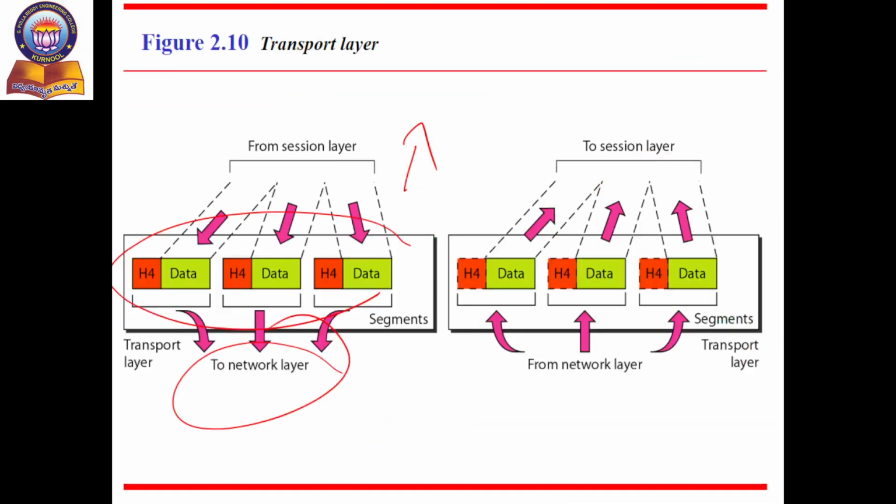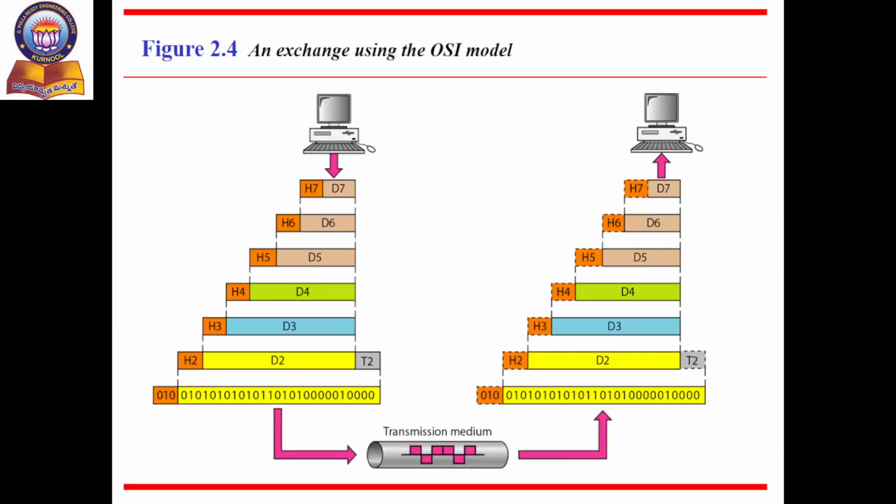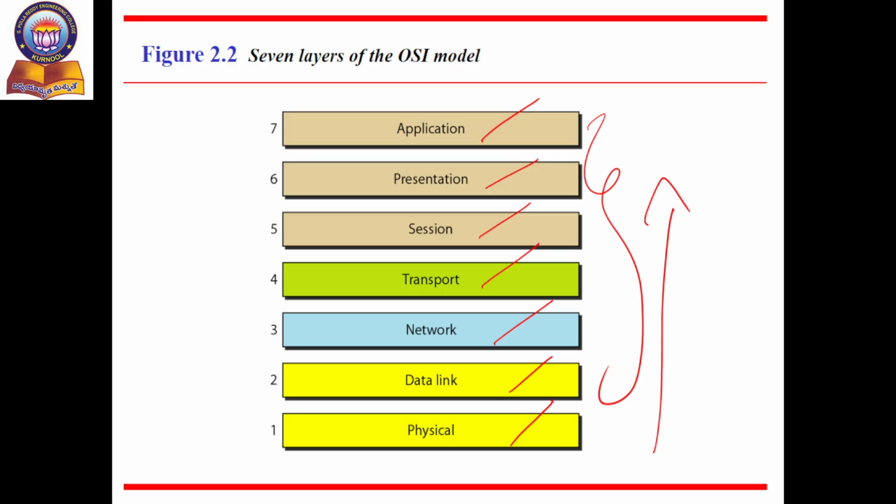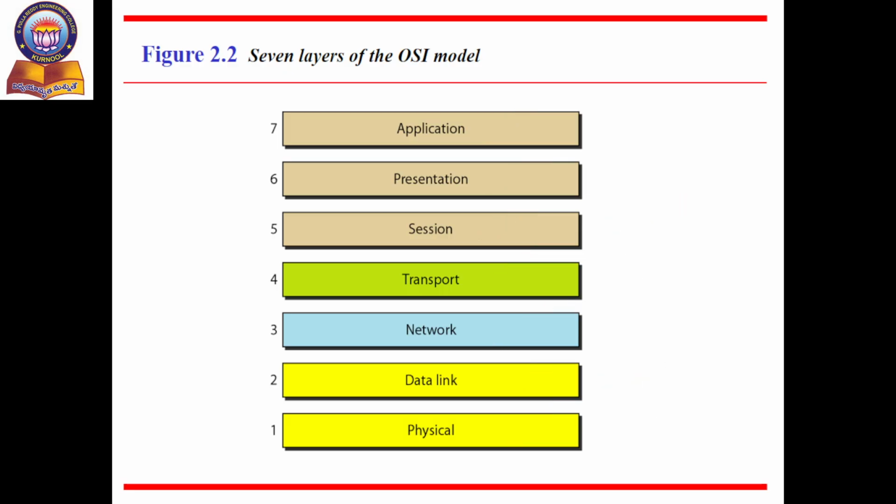And coming in depth of these layers, observe all these 7 layers. Among all these 7 layers, there are 2 different groups. The bottom 3 layers belong to one group and the top 3 layers belong to another group.